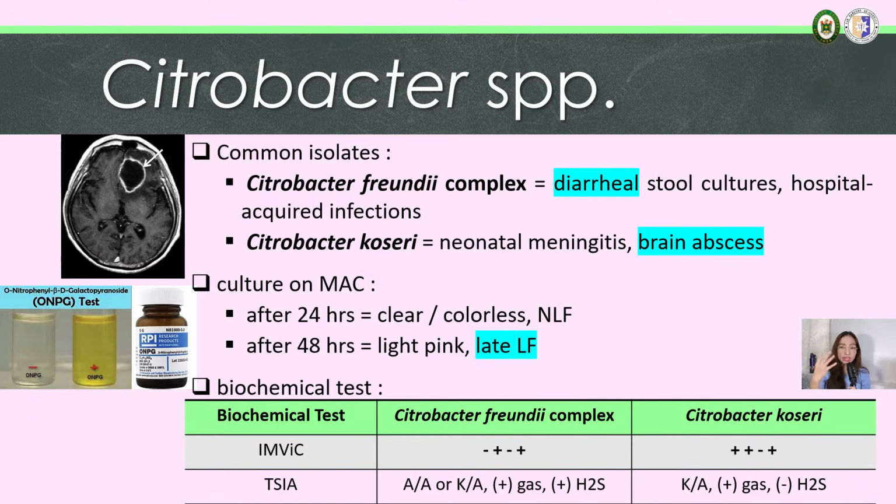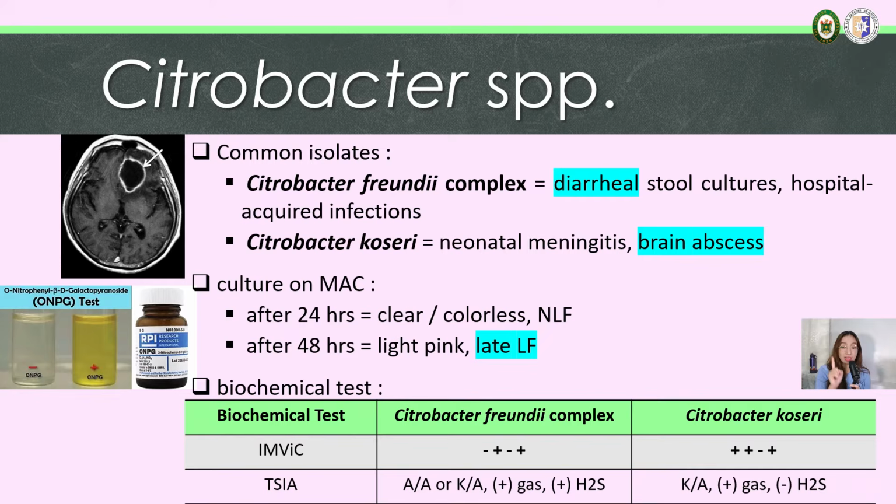But if, for example, upon 24 hours of incubation, non-lactose fermenting yung colonies, and then we perform the ONPG test, kahit hindi na natin extend yung incubation period, if it tests positive for ONPG, then that indicates that the organism is a late lactose fermenter.